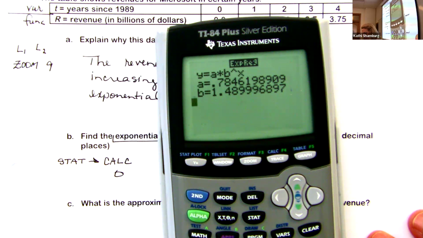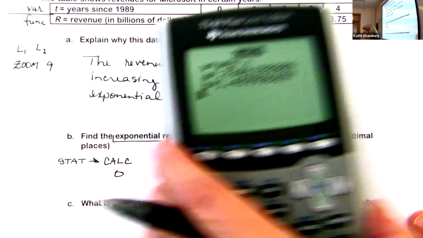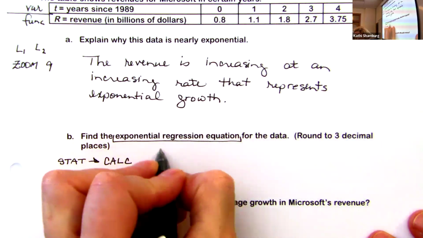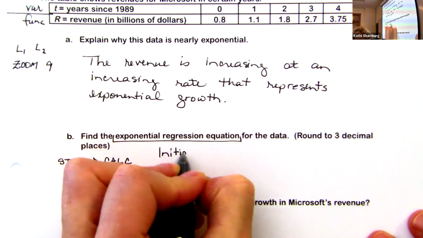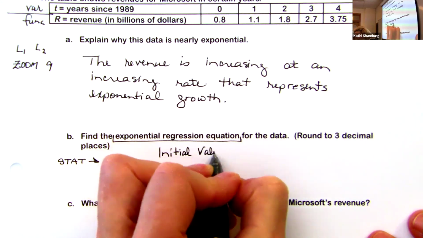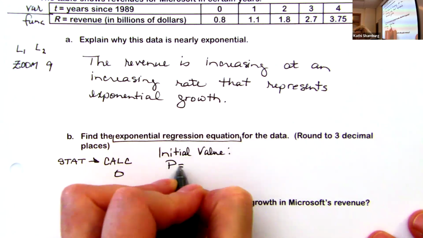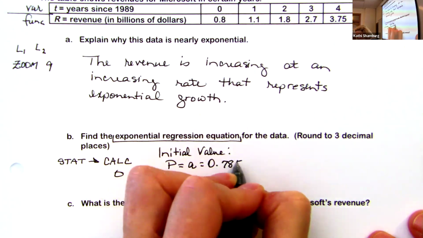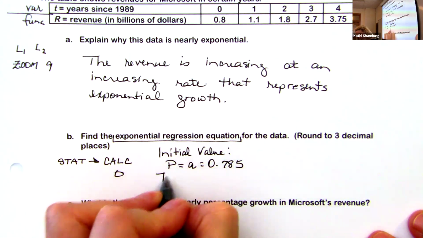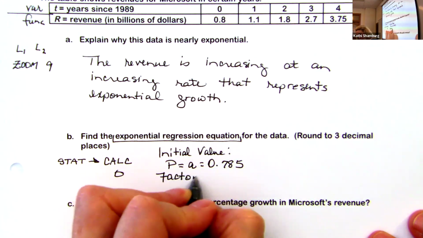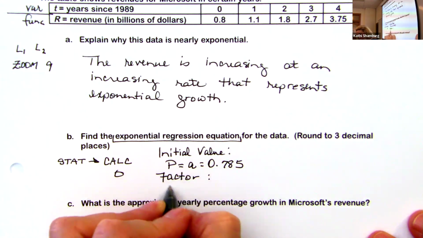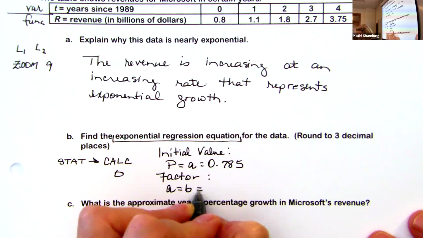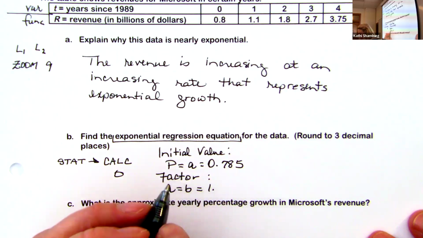All right. A, which is our initial value, did you get 0.785? I'm going to write all this down so it's in notes. The initial value, calculator is A. Then the factor, which we need for growth, is B in the calculator.